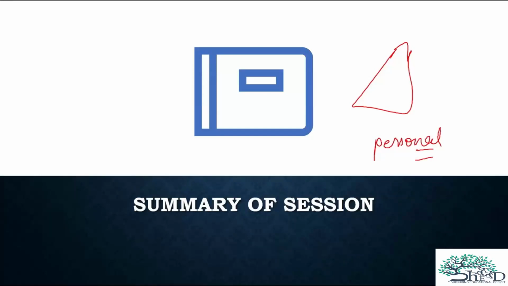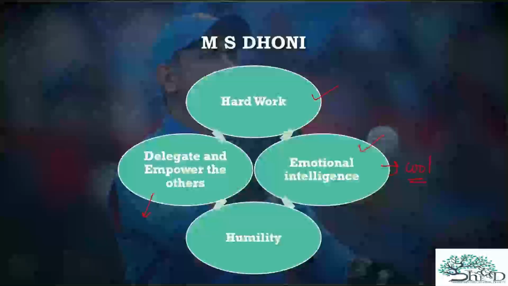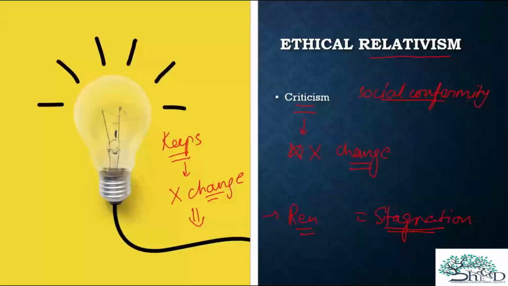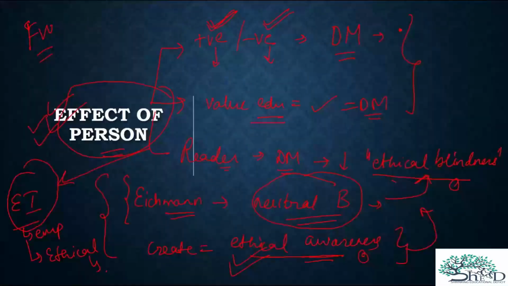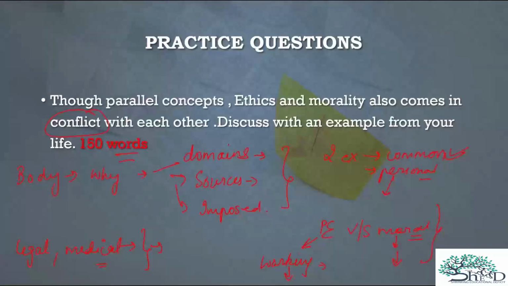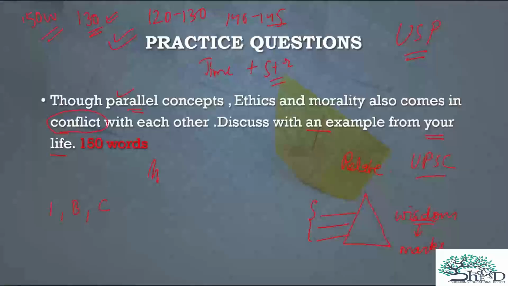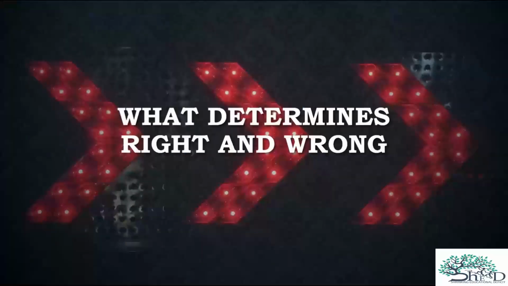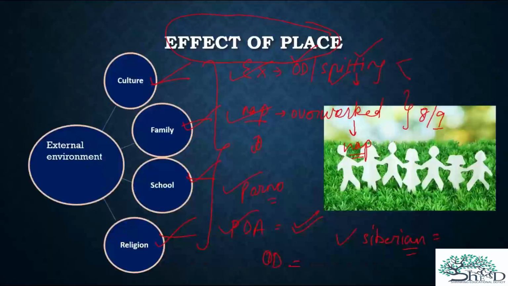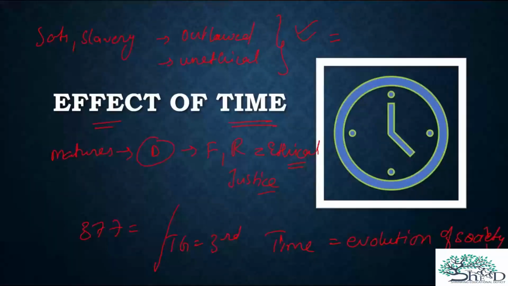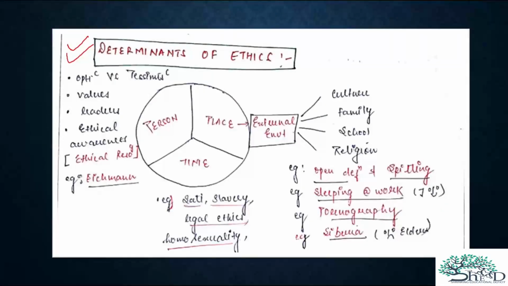Let us summarize the session. First we saw the question, then we saw the determinants of ethics. What determines right and wrong? We saw the PPT version, basically person, place and time, the effect of everything. I gave you the diagram which is a summary of it.